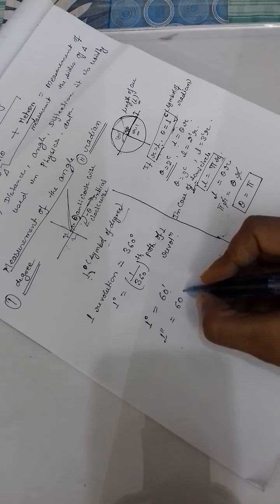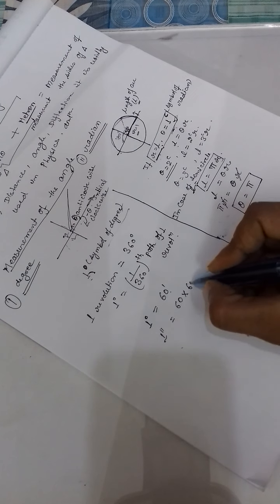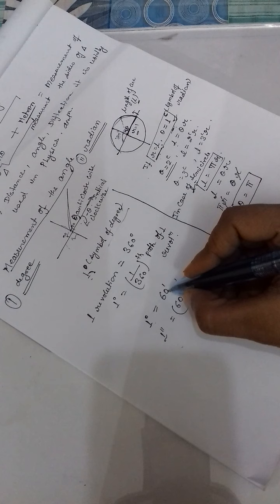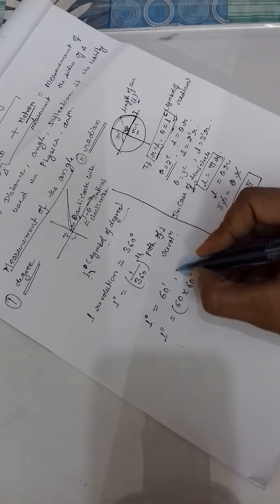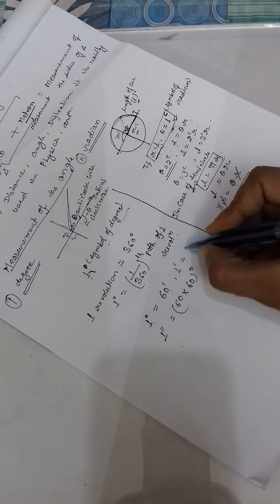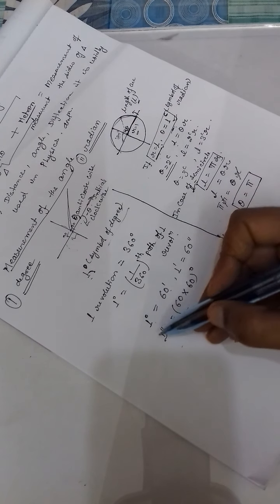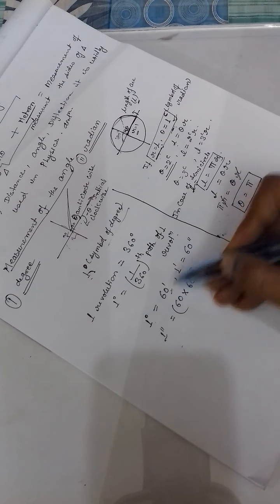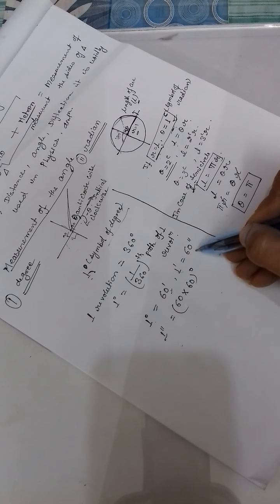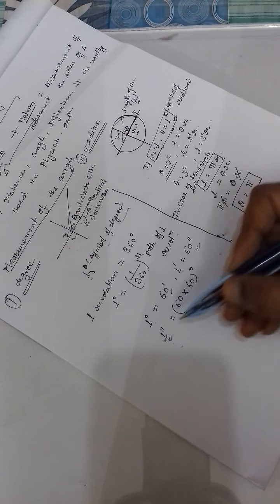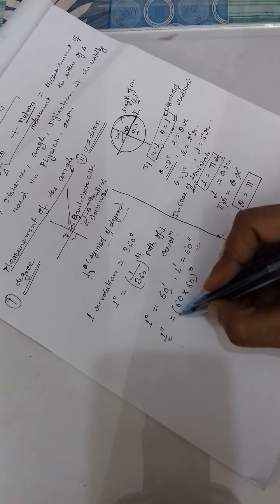1 second is equal to what? 60 into 60 degree, because we know that 1 degree is equal to 60 minute, and 1 minute is equal to 60 second. Okay students, so 1 degree is equal to 60 minute, 1 minute is equal to 60 second. What is the measurement of 1 second?